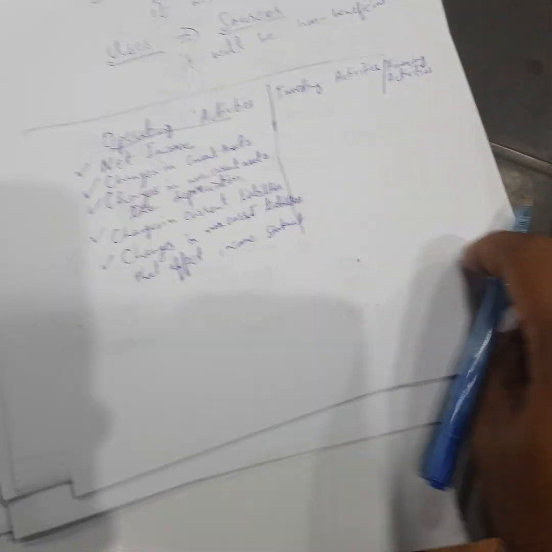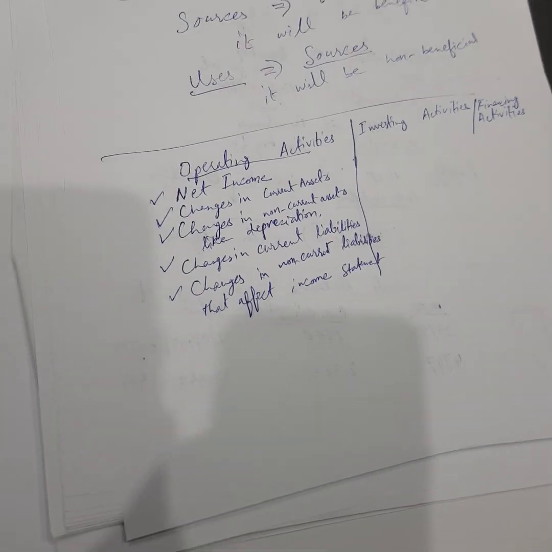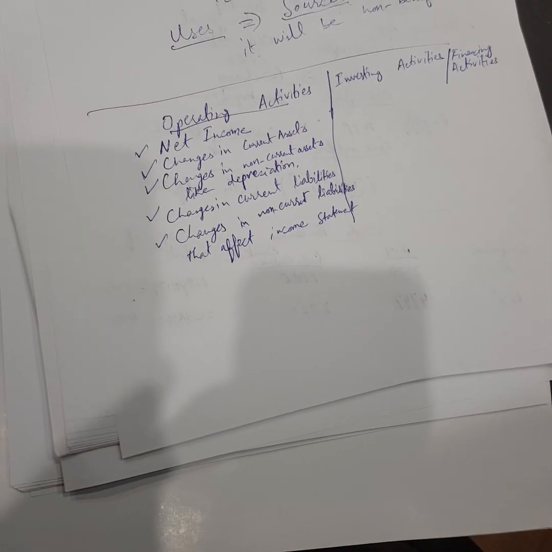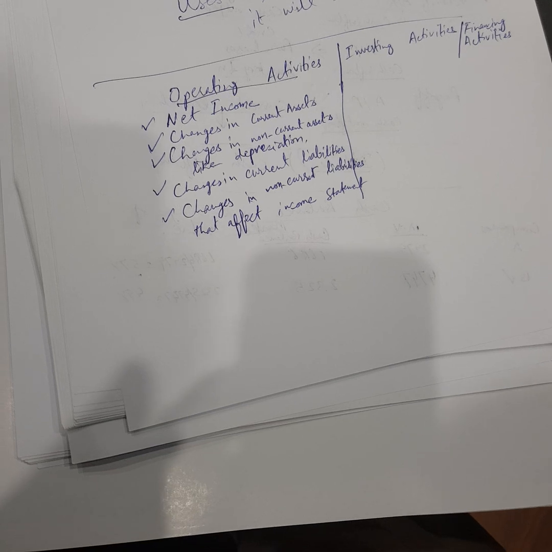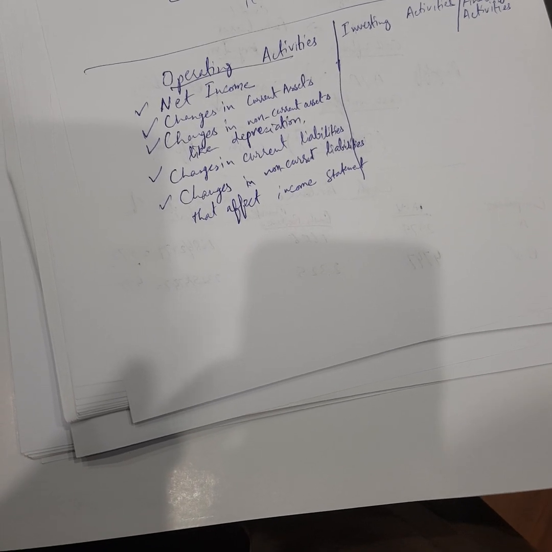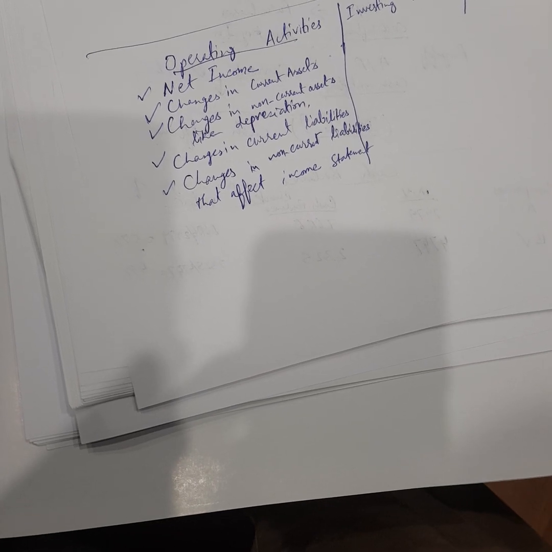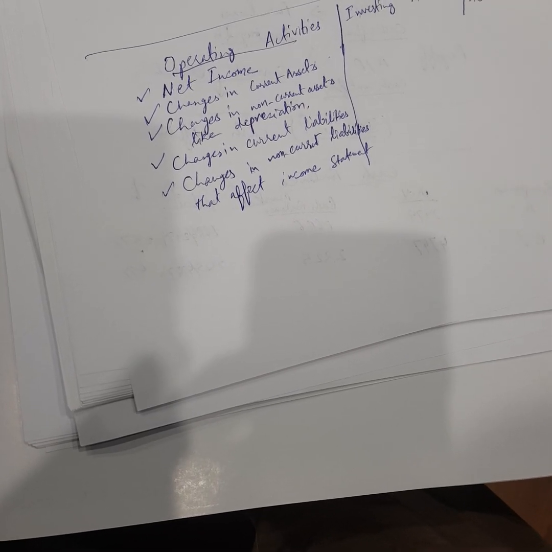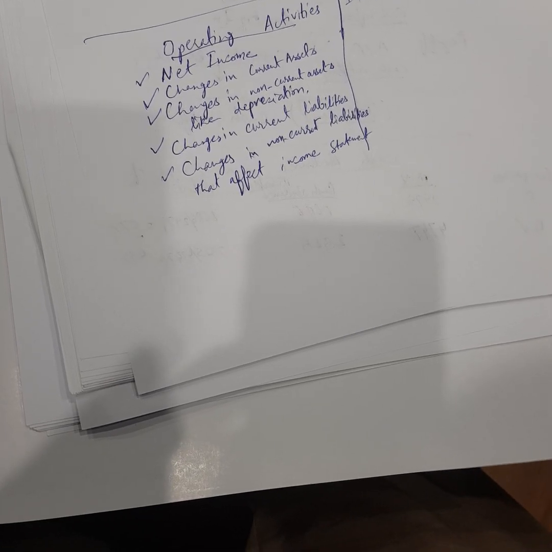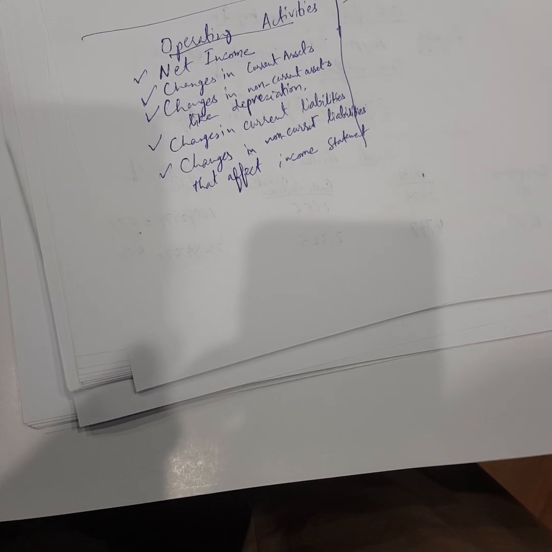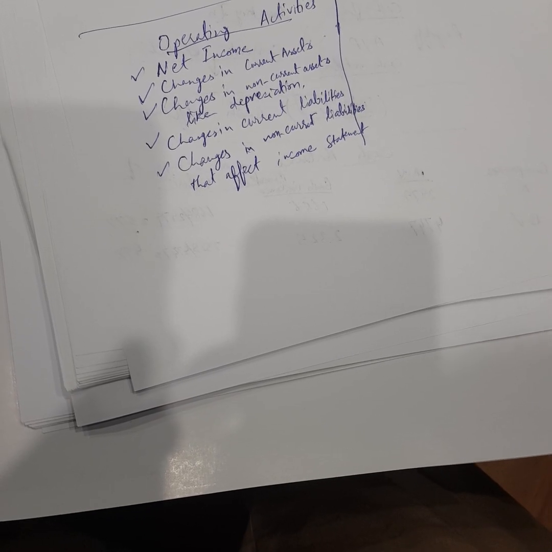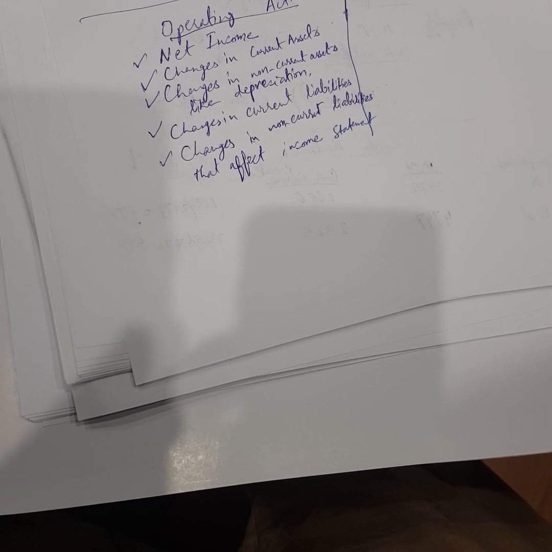Then comes investing activities. Investing activities include transactions that involve acquiring or disposing of non-current assets, such as acquiring or selling property, plant and equipment, securities held for long-term investments like bonds and stock of other companies, and lending money to another entity.